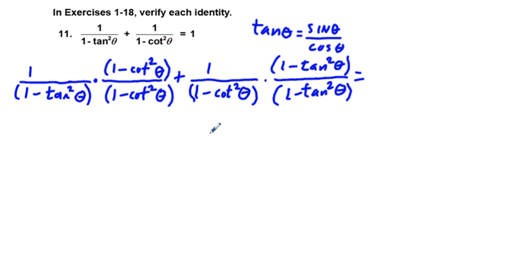What we're going to have in the numerator is 1 times 1, and then 1 times negative cotangent squared theta. We're going to have 1 minus cotangent squared theta. And here, this next term in the numerator, we're going to have plus 1 times 1, so that's going to be plus 1. And then 1 times negative tangent squared theta is going to be minus tangent squared theta.